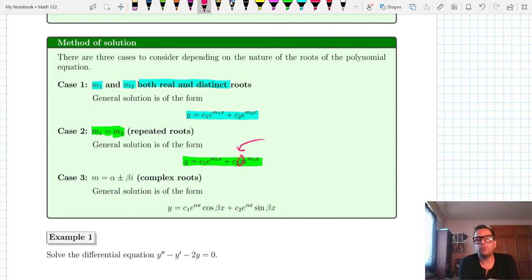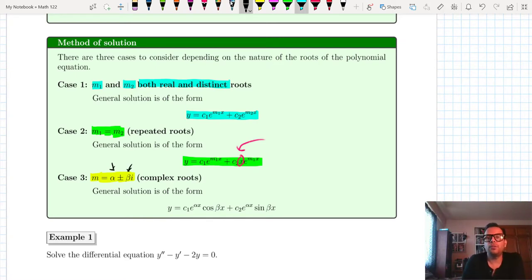Also, when we solve quadratic equations or polynomial equations, we may run into complex solutions, complex roots. So for a complex solution, we need to identify the real part of the complex number and the imaginary part of the complex number.